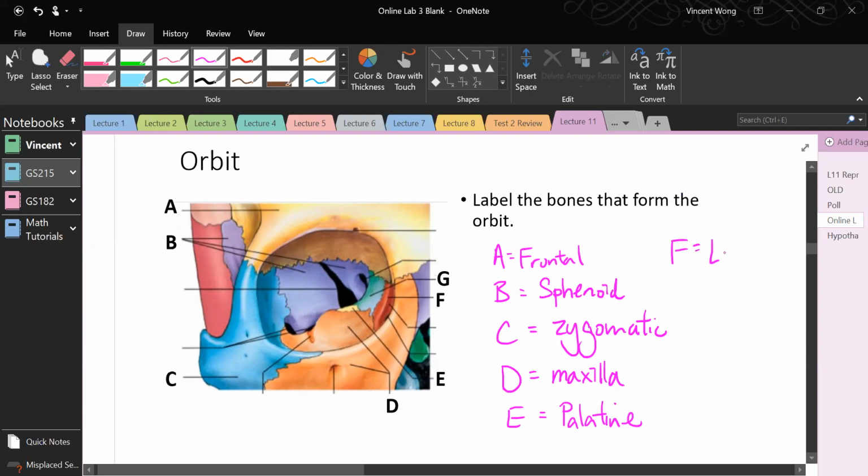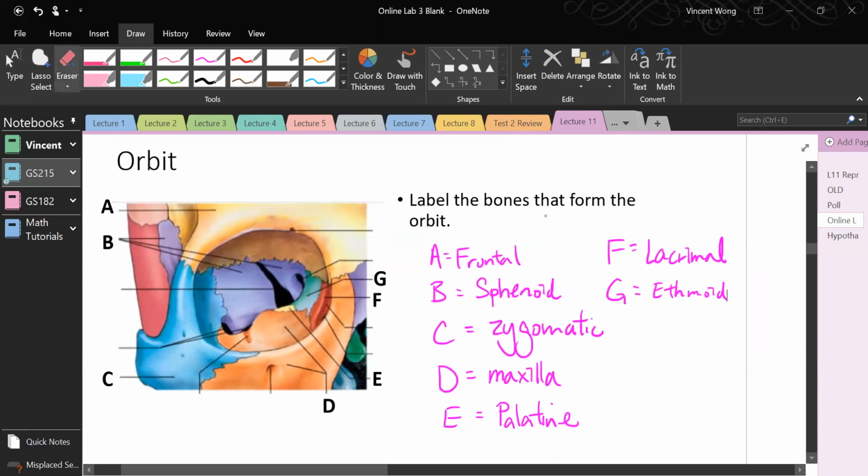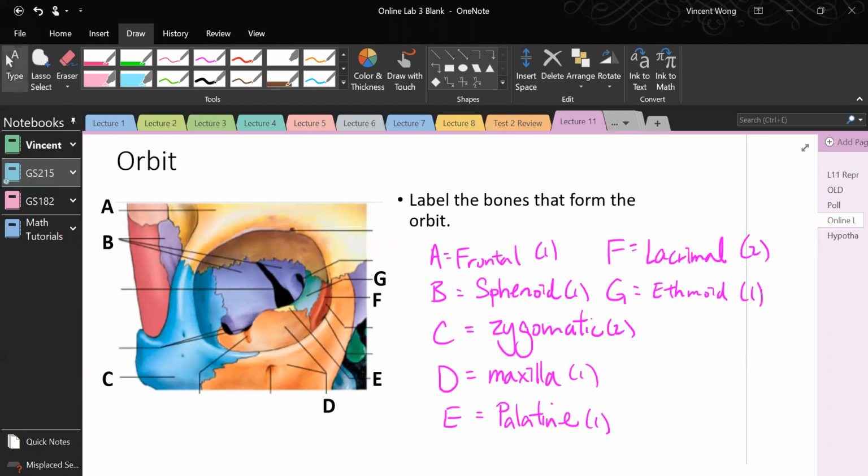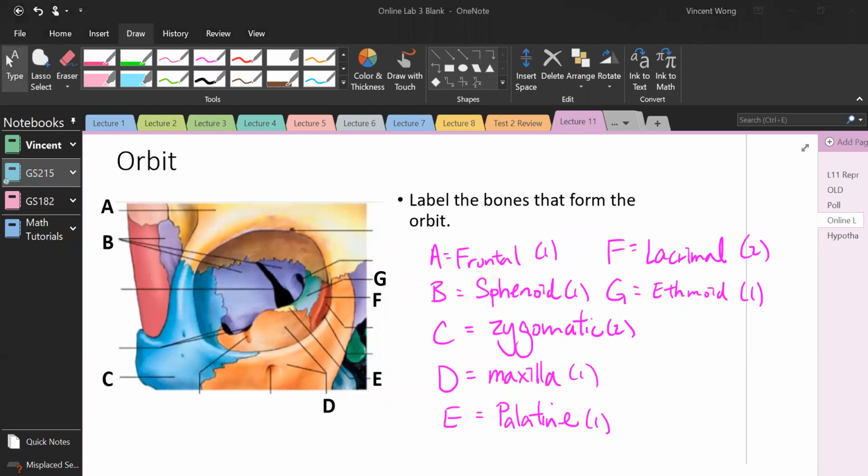F is the lacrimal. And G is behind the lacrimal, which is the ethmoid. So you have one of these, two of these, one of these, one of this, two of these, and one of this.